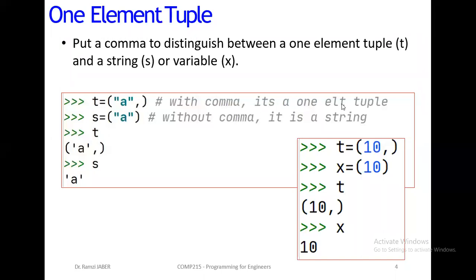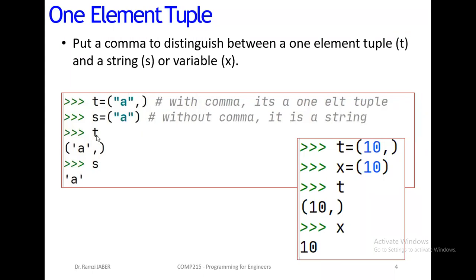With the comma, it's a one-element tuple. But we can use parentheses with a string and it's not a tuple. Similarly here, s equals, between parentheses, a between quotation marks, single or double quote, without a comma, it's a string, even if you put it in parentheses. That's why parentheses are optional in a tuple.